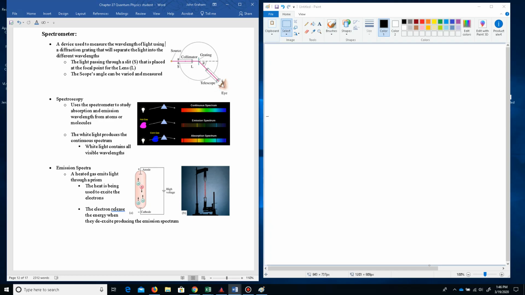So we had looked at Niels Bohr's model, which for right now is pretty much one of the most accepted models.